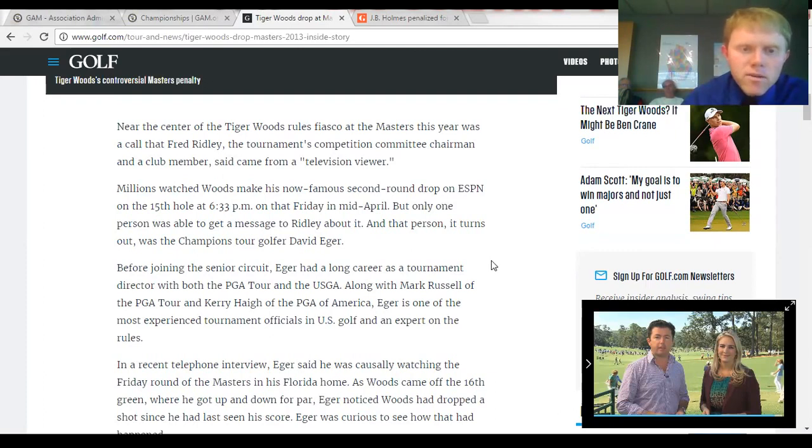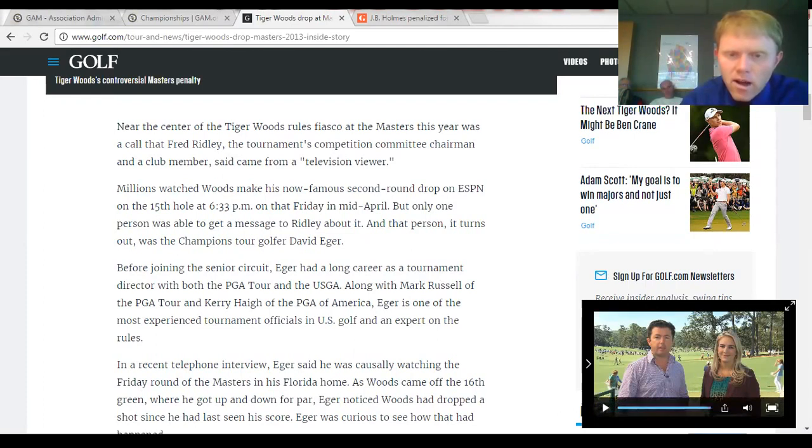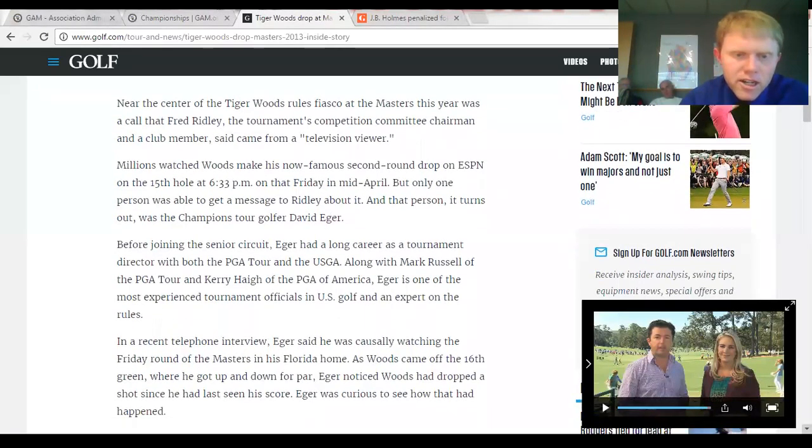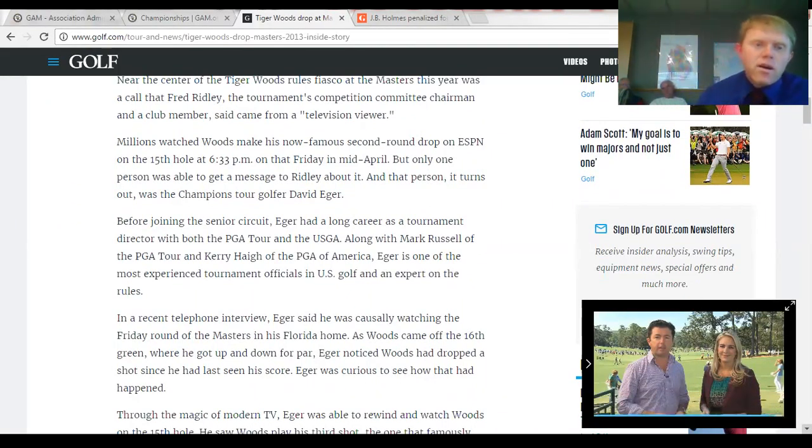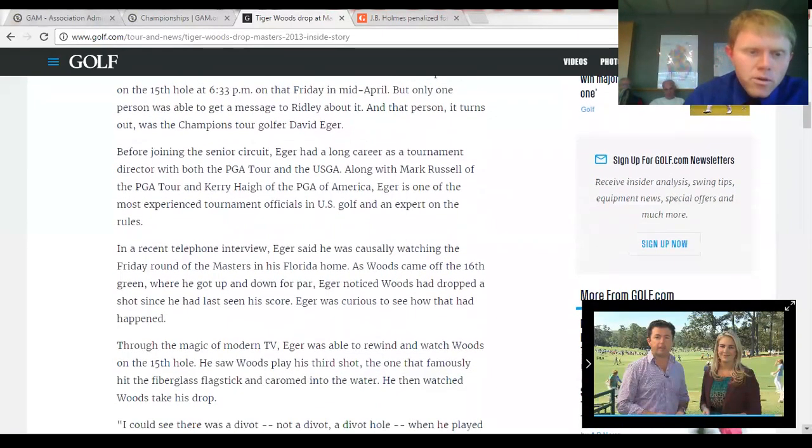But only one person was able to get a message to Ridley about it, and that person, it turns out, was the Champions Tour golfer David Eager. Before joining the senior circuit, Eager had a long career as a tournament director with both the PGA Tour and the USGA. Along with Mark Russell of the PGA Tour and Kerry Hay of the PGA of America, Eager is one of the most experienced tournament officials in U.S. golf and an expert on the rules.